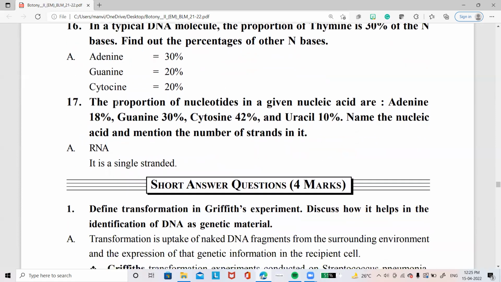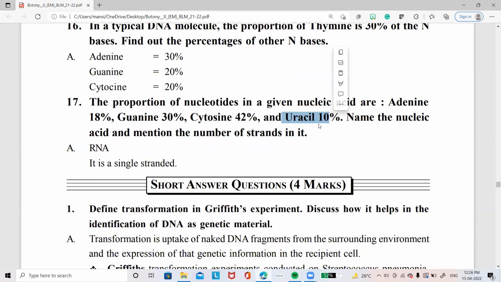Next, question 17. The proportion of nucleotides in a given nucleic acid are adenine 18%, guanine 30%, cytosine 42%, and uracil 10%. Here you can see adenine does not equal uracil, and instead of thymine, uracil is there.